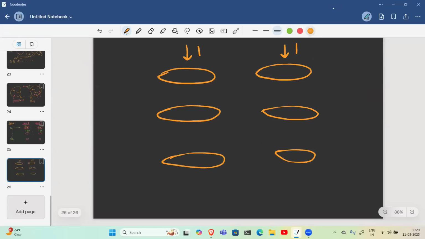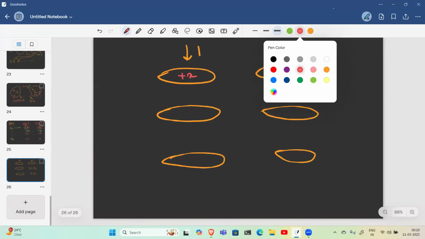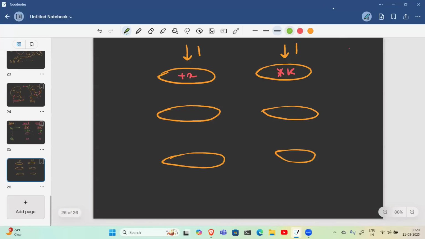Since these gates have something written on them, some plus x and times k, the number of people will increase whenever you pass a gate. Some people originally passed. So this one person originally passed this gate and came out.